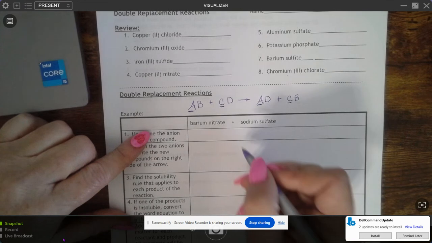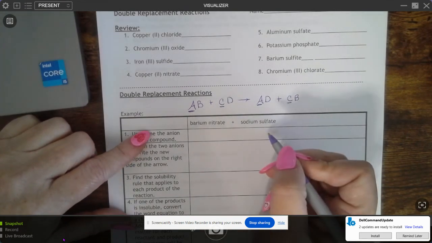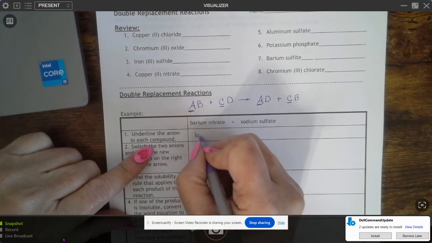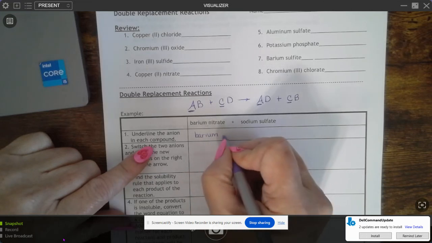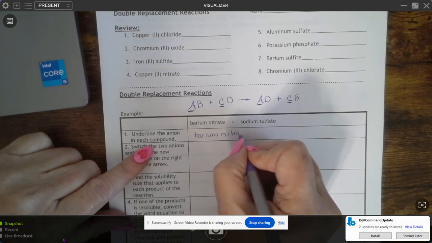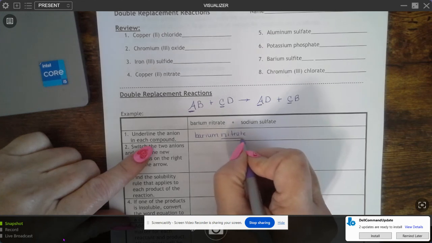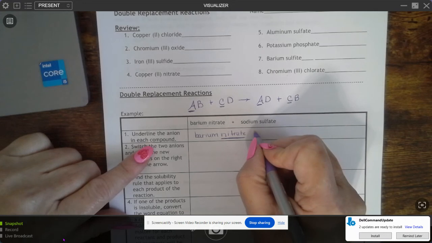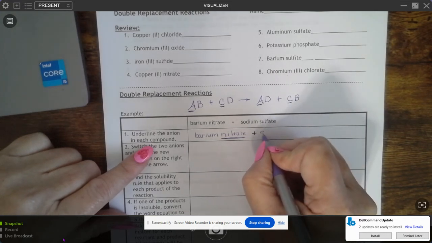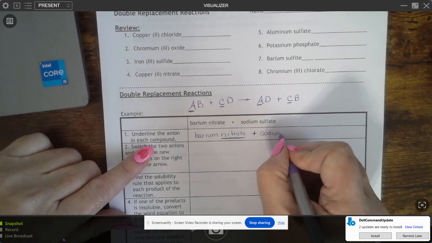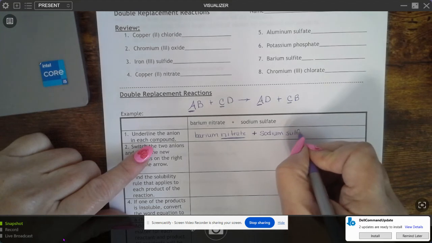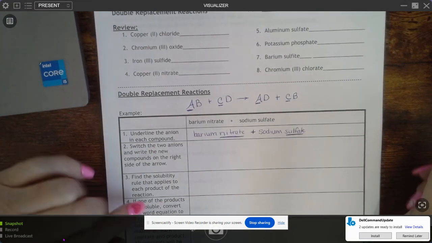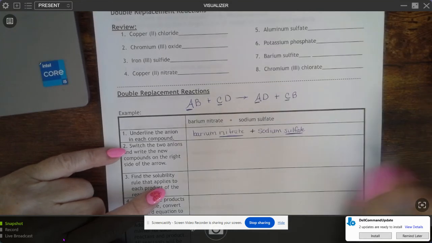Okay, so if we look at this example, barium nitrate plus sodium sulfate, the first thing I want to do is underline. So I'm going to rewrite this. Barium nitrate. The anion is the second part, the negative part. So in barium nitrate, the anion is nitrate. And in sodium sulfate, the anion is sulfate. So what we're going to do for our products is switch those.